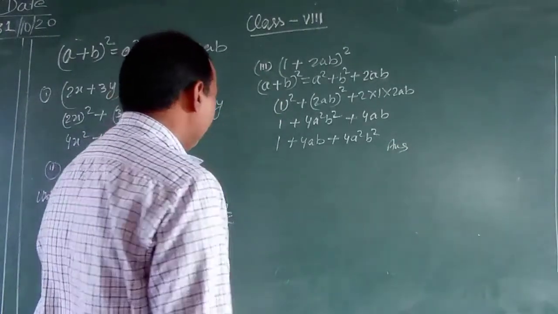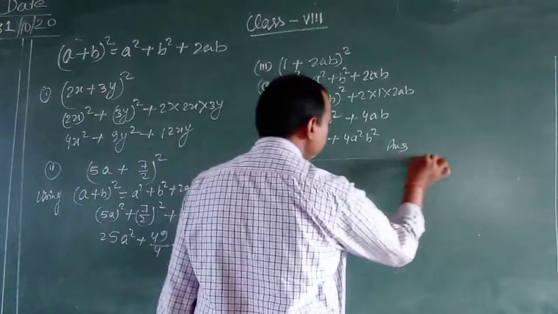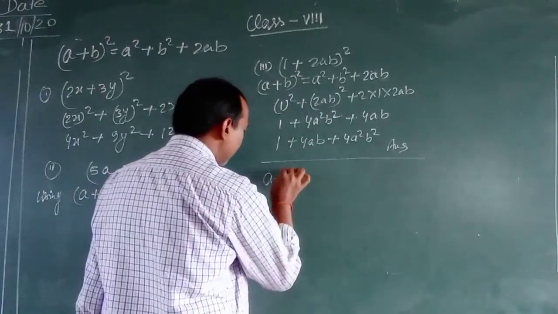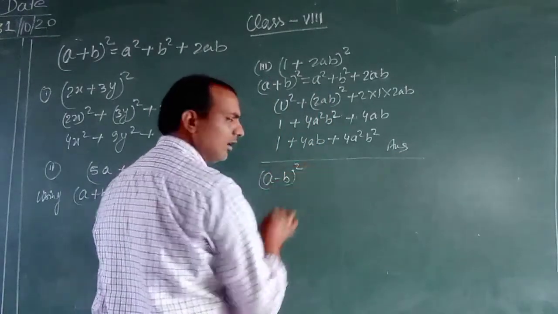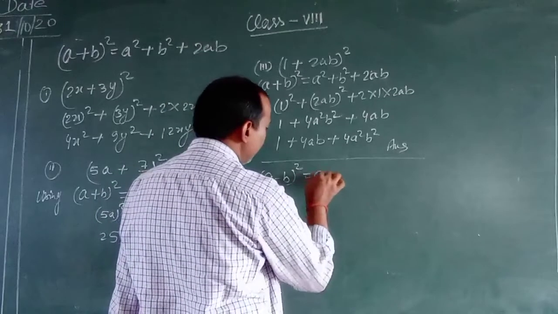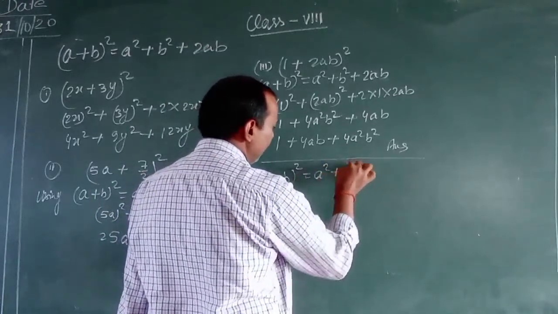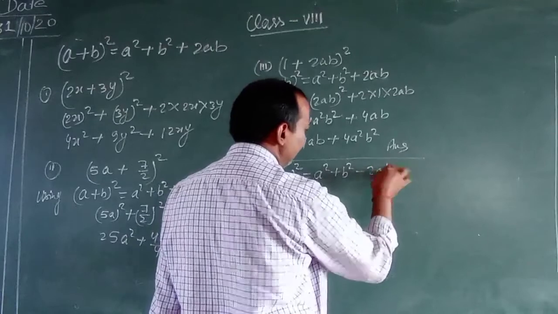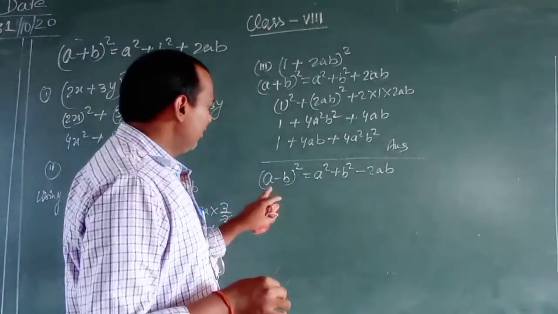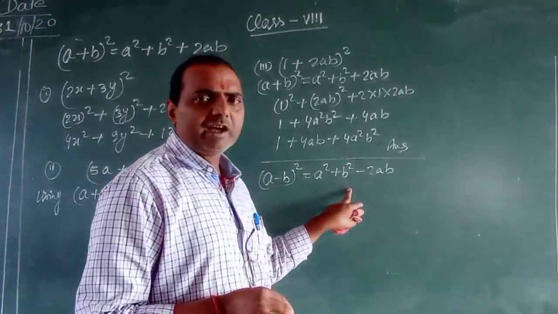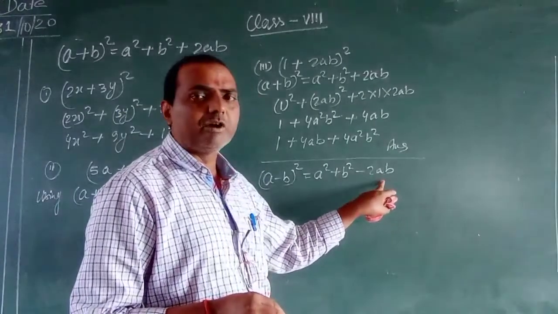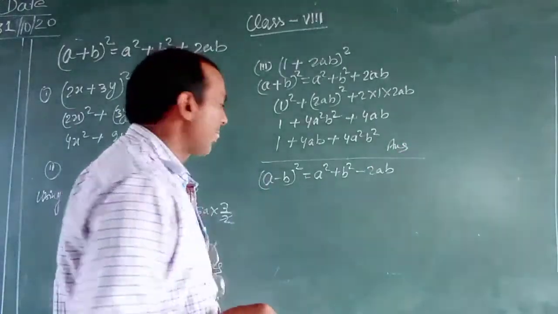Now similarly, see second formula. If (a minus b) whole square, it will be a square plus b square minus 2ab. It means first term square plus second term square minus 2 into first term into second.